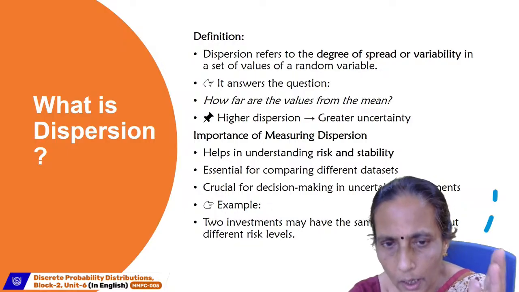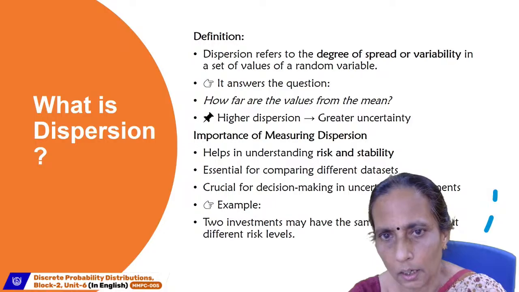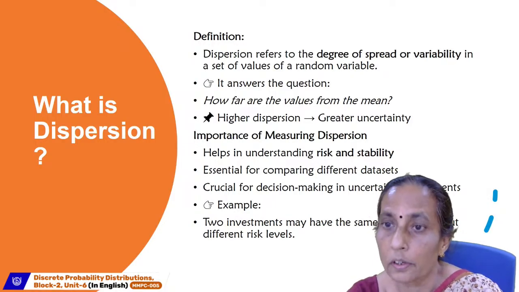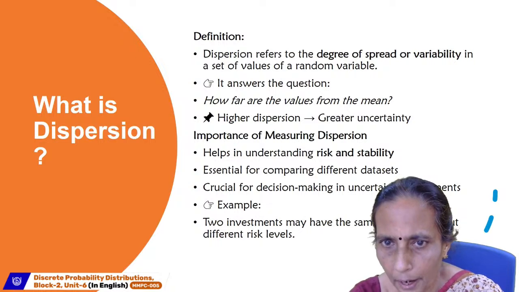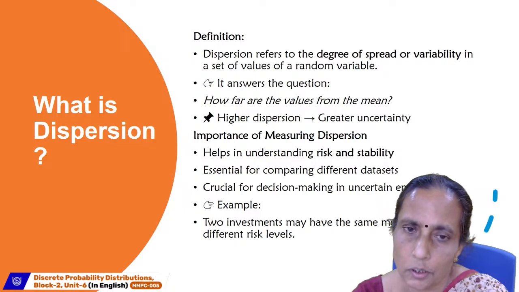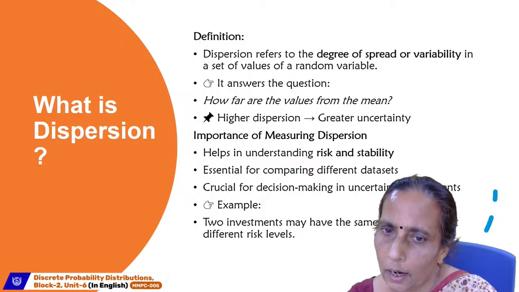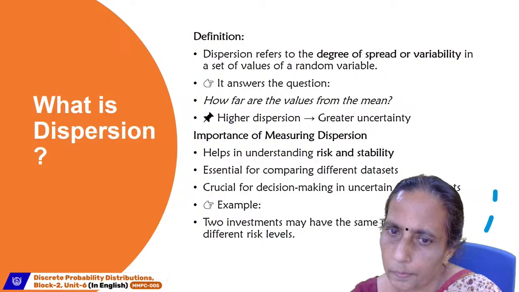So we need to understand the spread of that data set. Dispersion refers to the degree of spread or variability in a set of values of a random variable. It answers the question: how far are the values from the mean? The higher the dispersion, the greater the uncertainty.